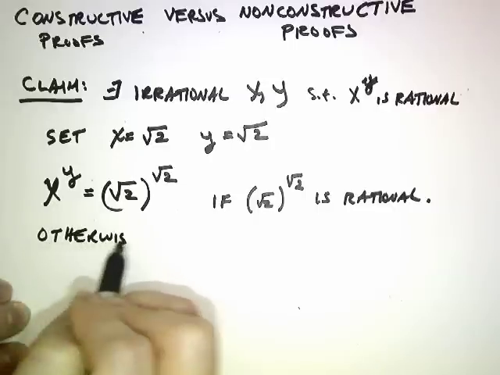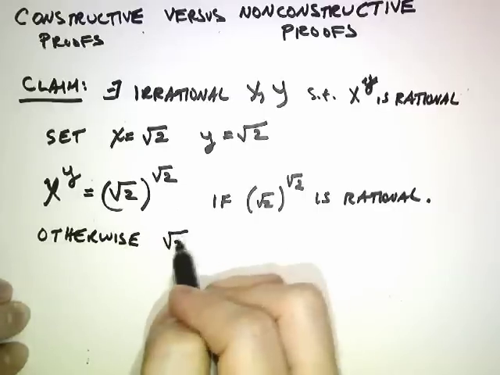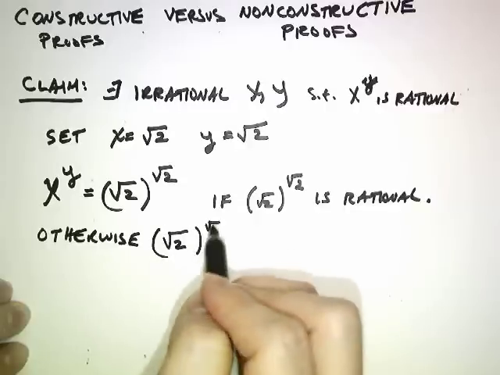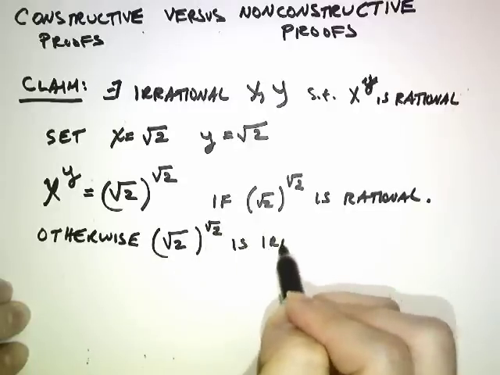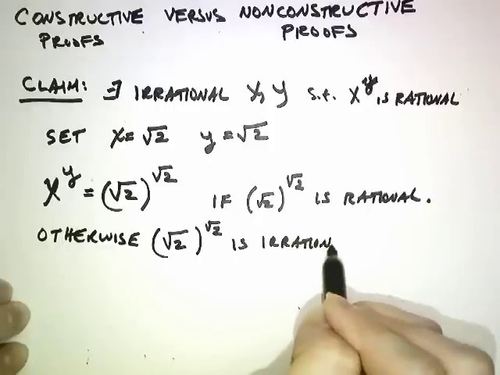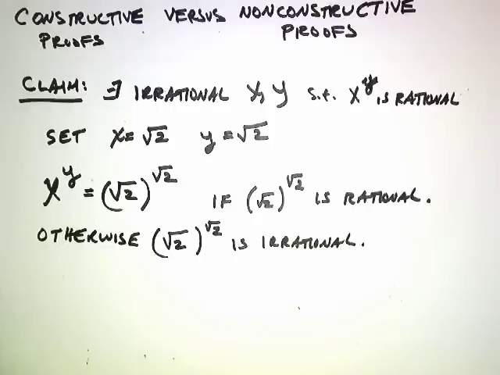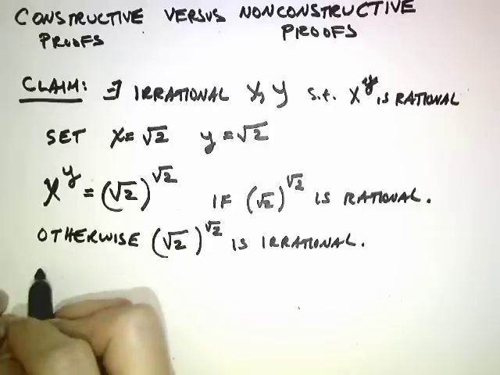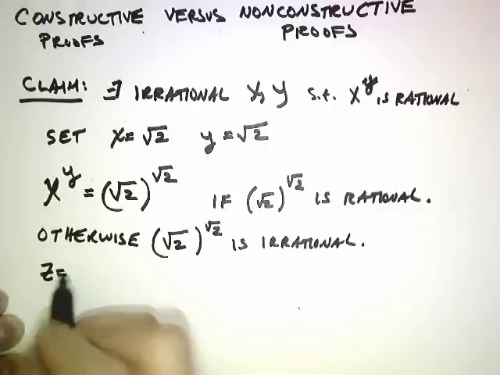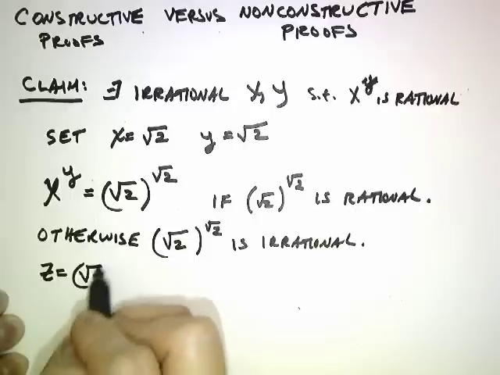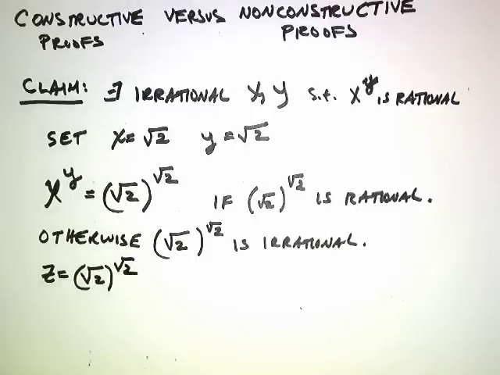Otherwise, square root of 2 raised to the square root of 2 is irrational. Now it looks like we're sort of stuck. We were hoping that it was rational. Instead, I'm going to set z to be square root of 2 raised to the square root of 2.